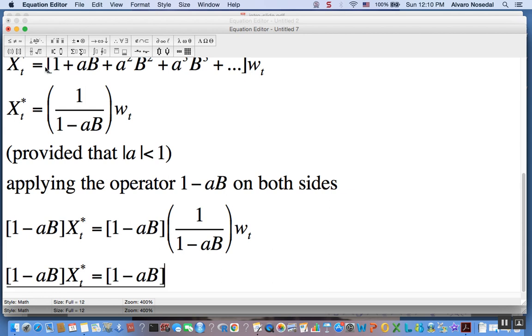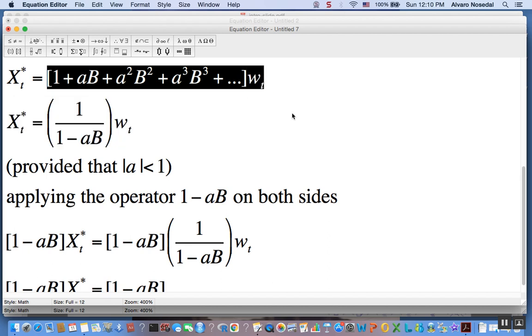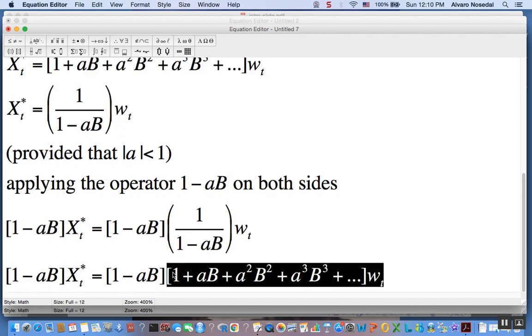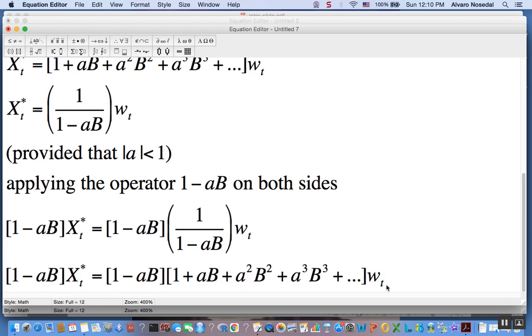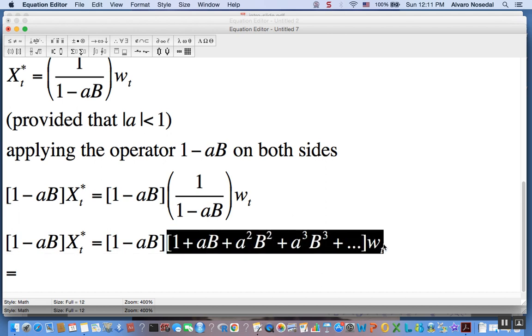So let me copy paste this part here, and then we're going to play around with these terms. Note that when I do 1, that is just this guy here, 1 times what's inside those square brackets. I'm going to be rewriting that, okay? So that's the first one.